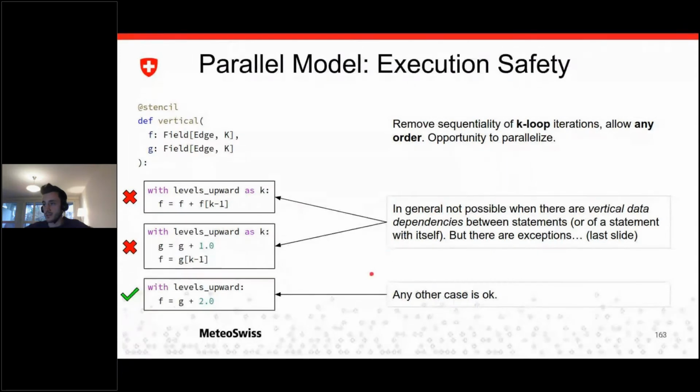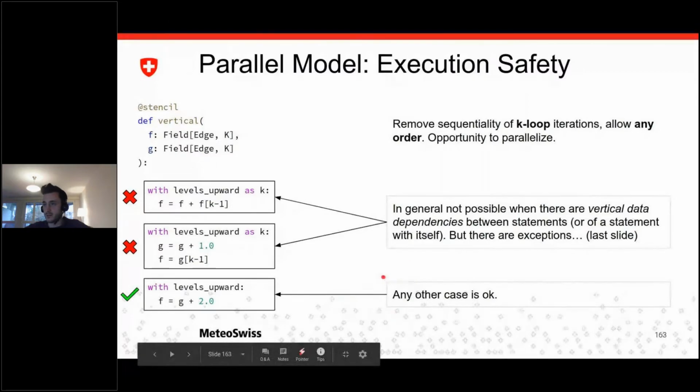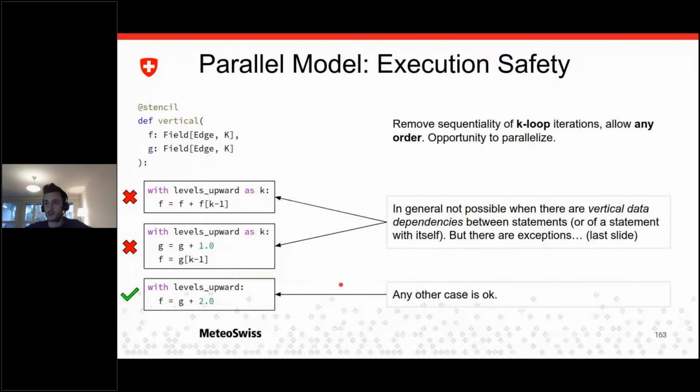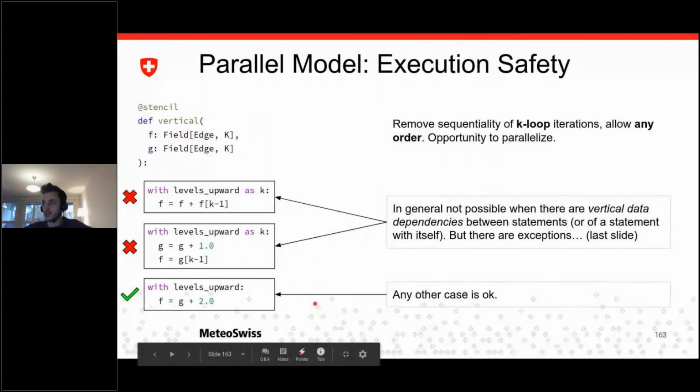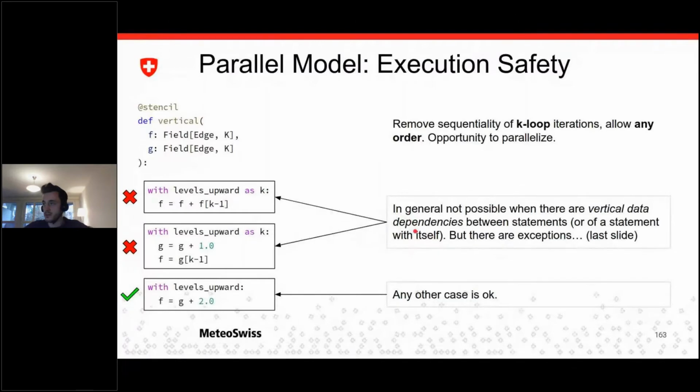Of course, the trivial case is when you don't have vertical data dependency between statements, so you don't have any of these offset accesses, and there you're good to go. Instead, this is a bit more tricky. We will see in detail in the last slide about vertical solver, because there we need to make an important distinction.